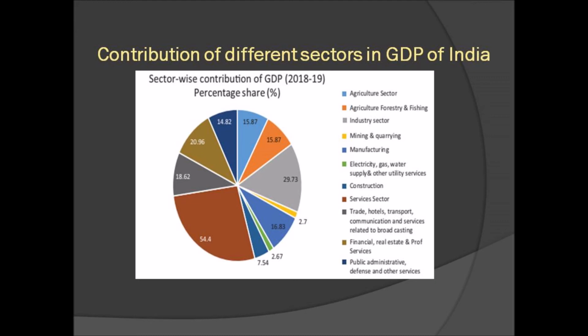The contribution of the industry and service sectors is lower than the world's average, 30% for the industry sector and 63% for the service sector. So even though India's contribution in agriculture is much higher than the world's average, in the service and industry sectors India's contribution is lower than the world's average.